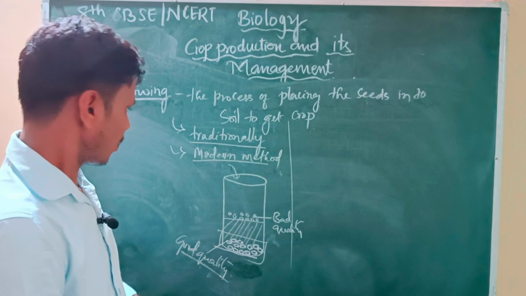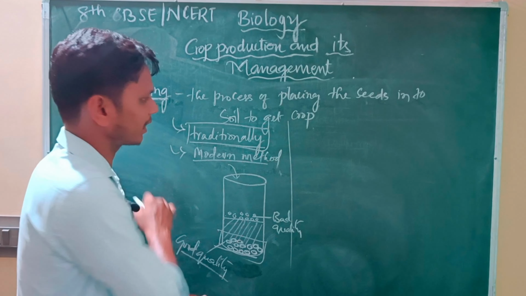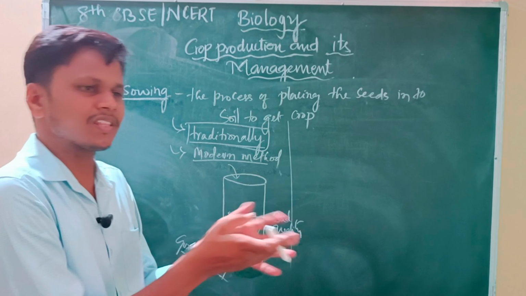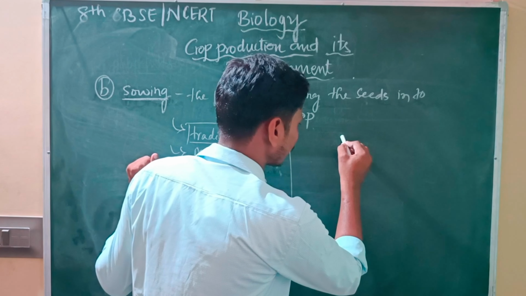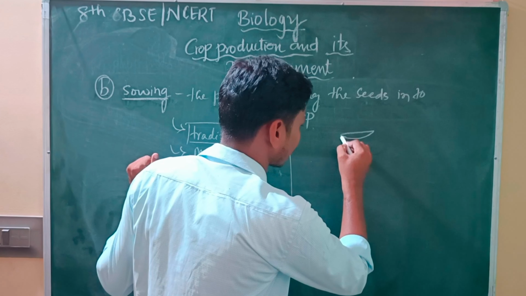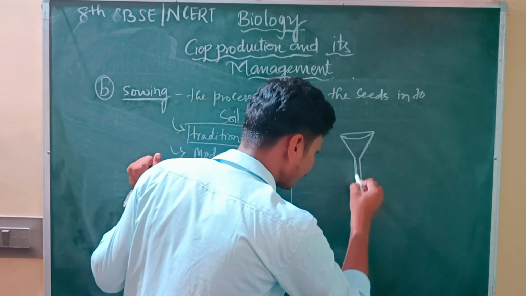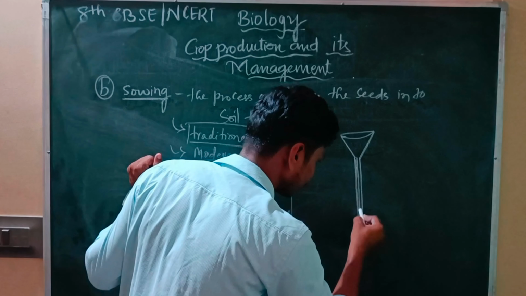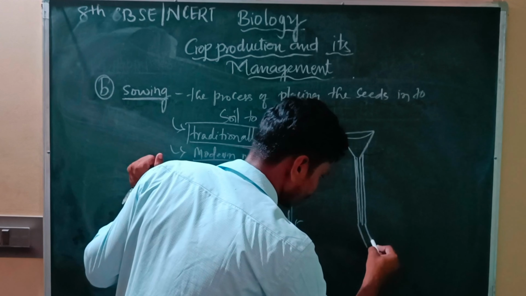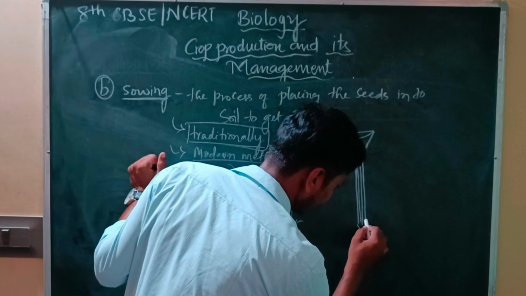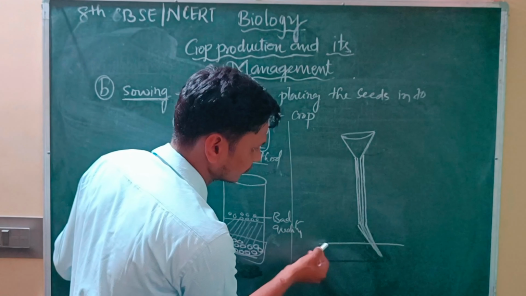Okay, clear. Let us move on to the next, that is the traditional method. How exactly did farmers sow the seeds traditionally? In earlier days, they used a funnel shaped structure connected to 3 to 4 pipes, each with a tapering end, which will pierce into the soil.